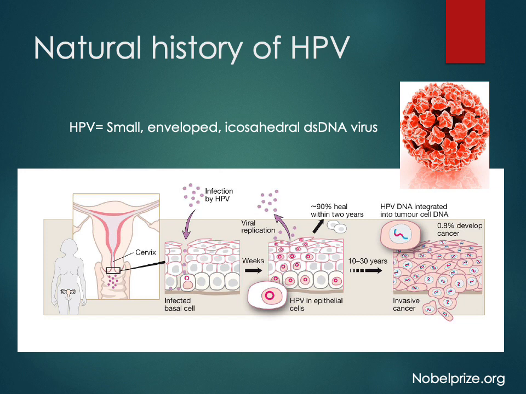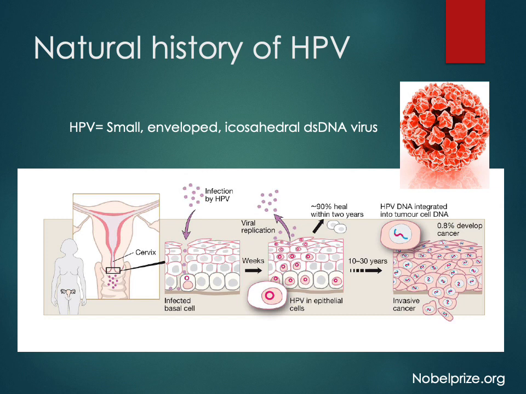In order for HPV to take root, there has to be a break in the mucosa, and the basal cell is the cell that gets infected. Viral replication happens in those epithelial cells, and most women end up clearing the virus within about 2 years.